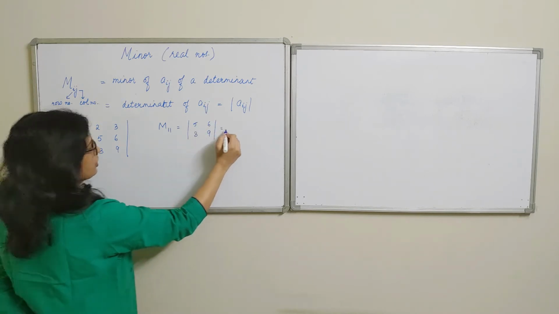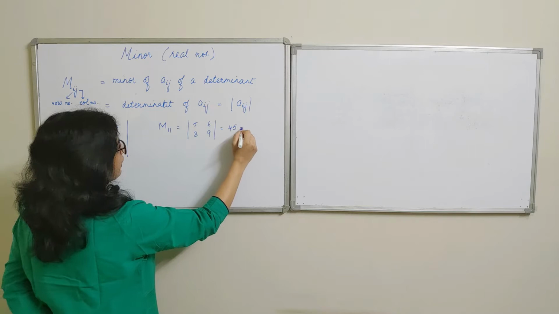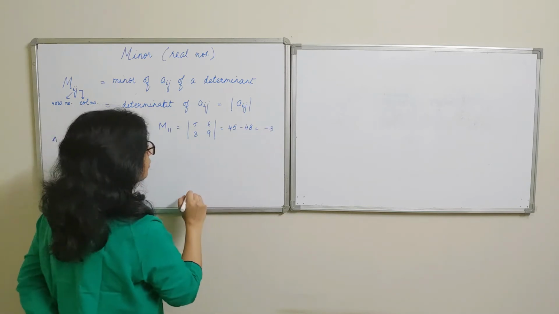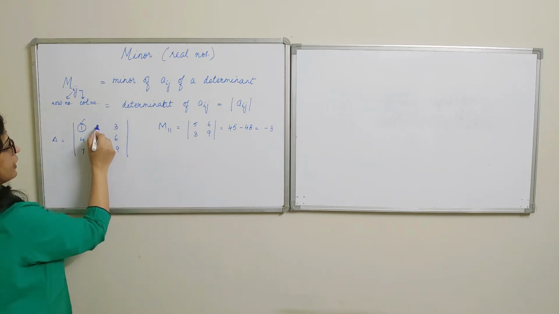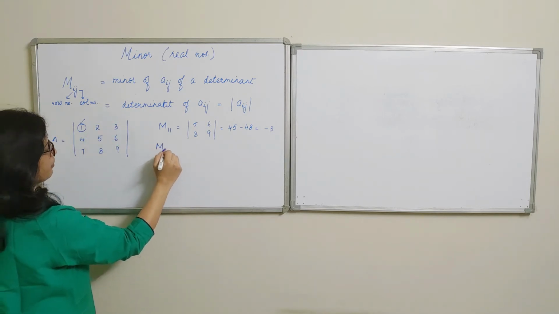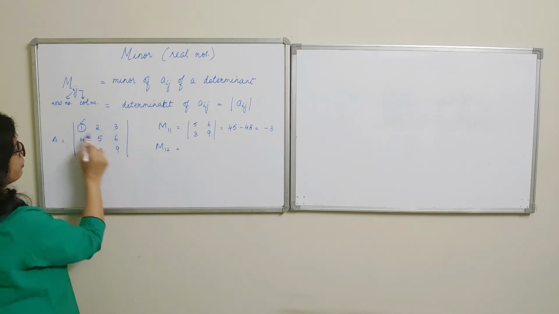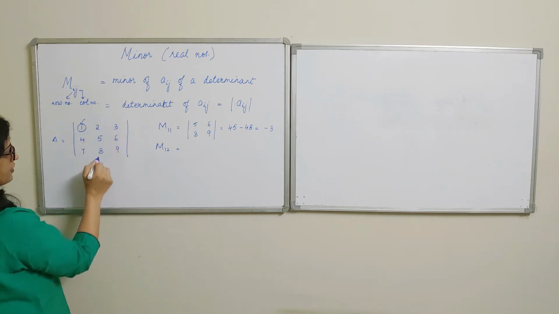On simplification, 45 minus 48, which is minus 3. Likewise, let us find the minor of the element A12. This element is present in the first row, second column. So delete the first row and the second column.